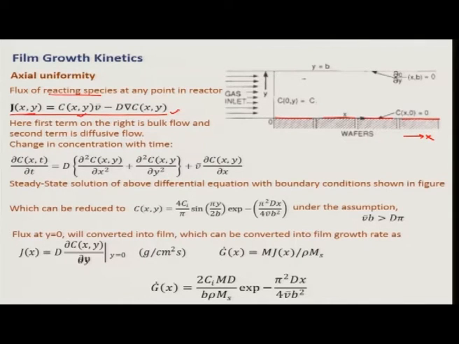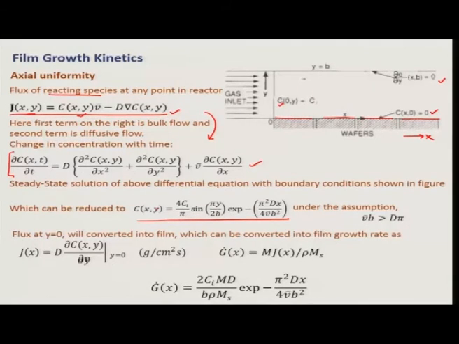We can use these expressions and Fick's second law to get how the concentration is changing with time at different locations inside this reactor. So, this is the Fick's second law equation, and we can solve this equation with these boundary conditions to get the distribution at any given time with x and y, and this is a steady state.